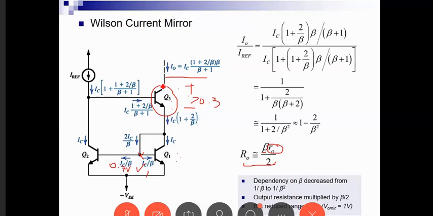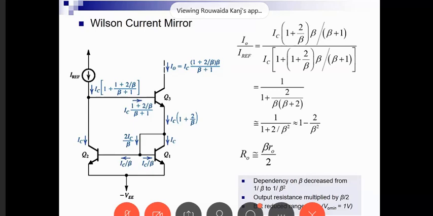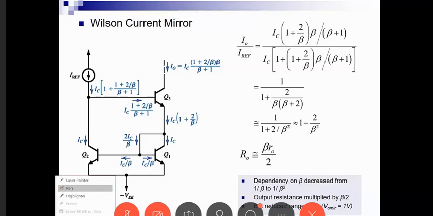So total from here to ground, I will end up with 0.3 volts plus this. Let me highlight it because it is no longer visible. I'm going to erase this and highlight it with yellow. If we look from here to here, I have 0.3, and from here to here, I have 0.7. So their sum is 1 volt. So VO minimum is going to be equal to 1 volt.